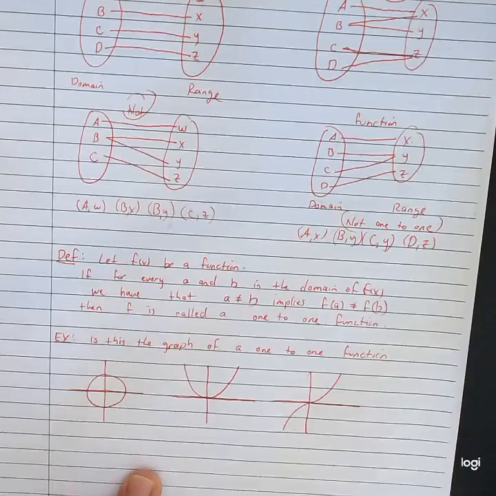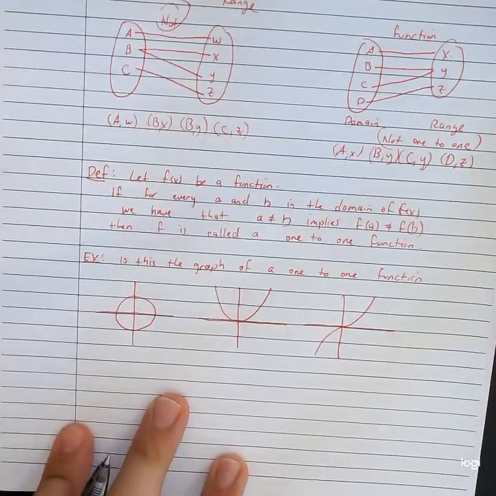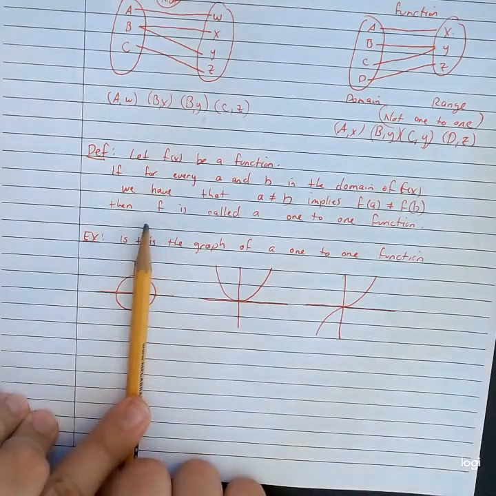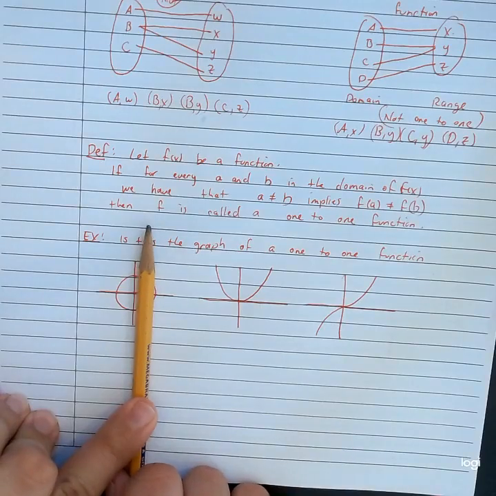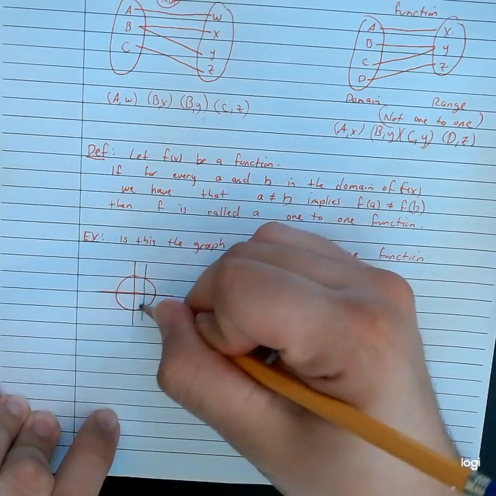Well, like we said before, if it's not a function, we're not going to worry about them. So the first thing we want to do is we want to check, is it a function in the first place? One way that we saw to check whether or not something is a function is with the vertical line test. Here, because you have vertical lines that can cross through this graph multiple times, this violates the vertical line test.